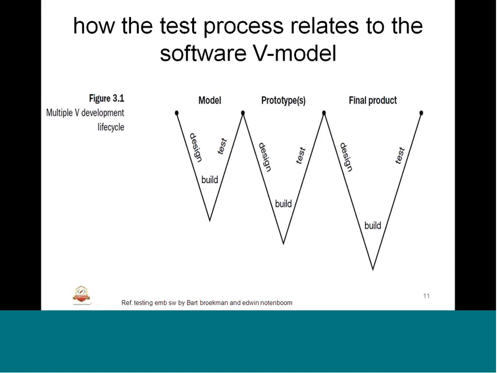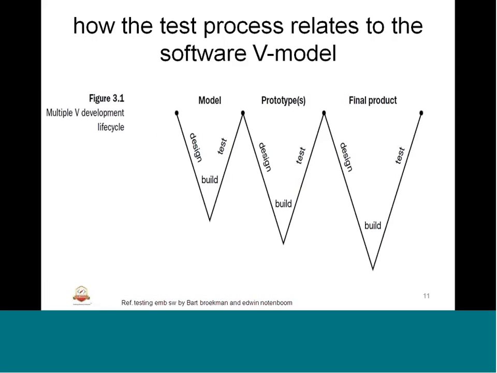So, the test process. We know that we have test management, and we have the test processes, which have their own life cycle model, and we try to align the test process with the software V model. In our previous session we studied the V model, multiple V model, nested V model and all that.